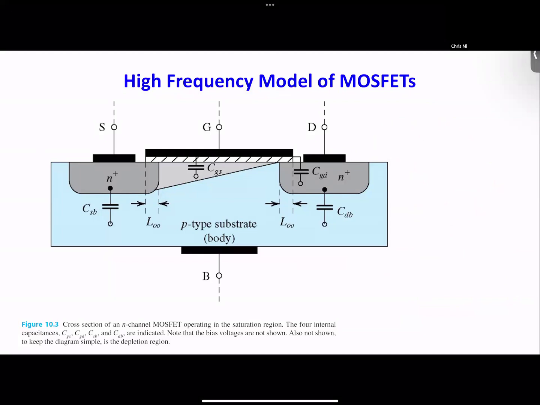So let's look at a MOSFET as an example. You remember how we build a MOSFET. For an N-type MOSFET, we have a P-type substrate, which is silicon. And then we have N-type wells that are dug out of this P substrate.